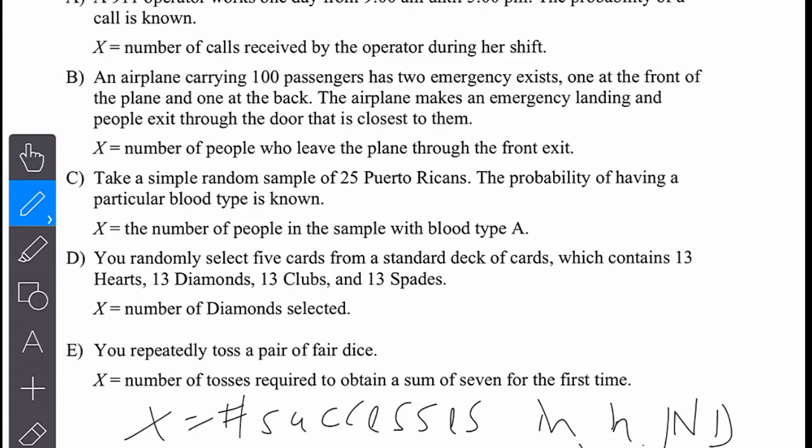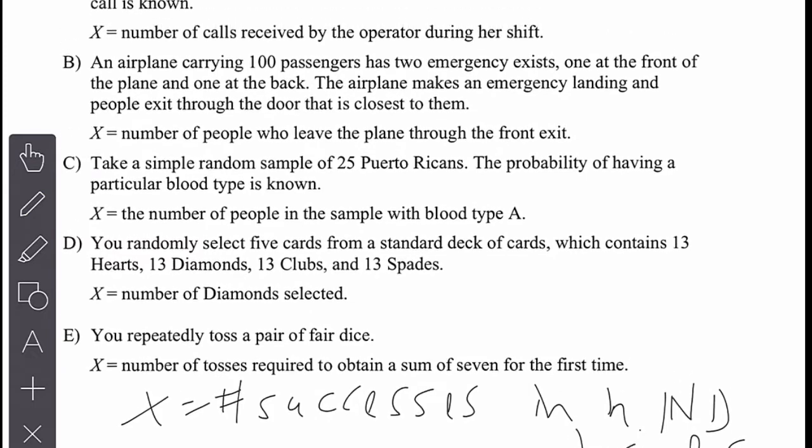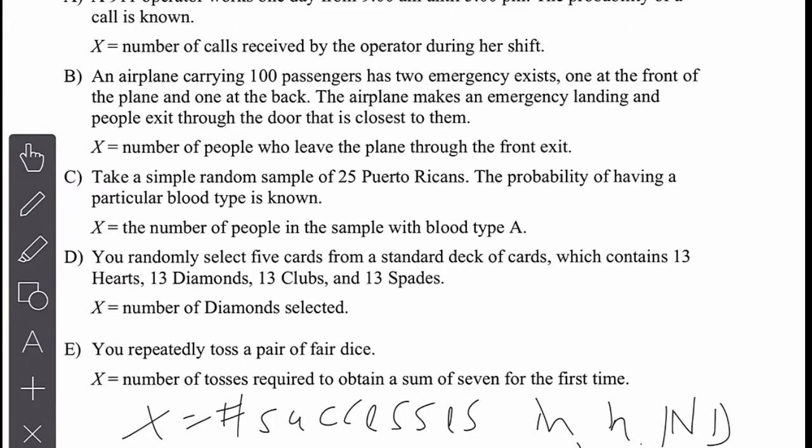So that's what x is. Usually that's how we frame the binomial variable. So what you need to do is identify the success and what's the n.